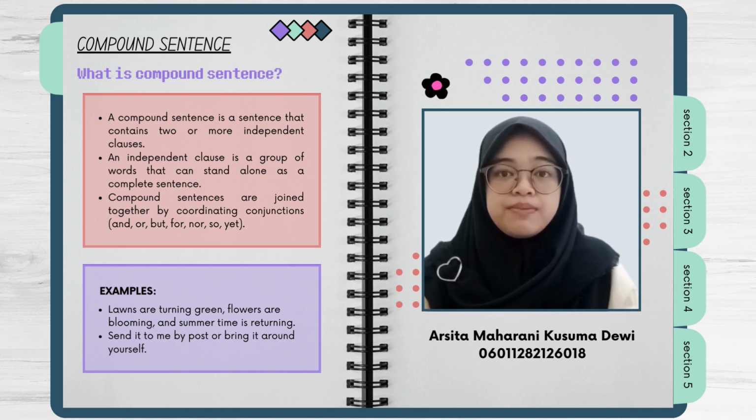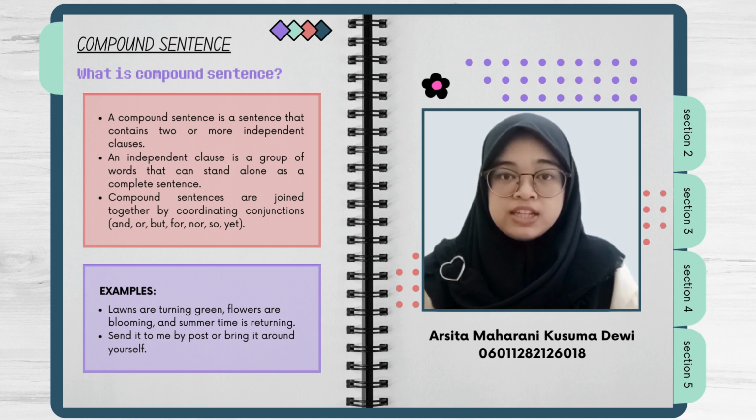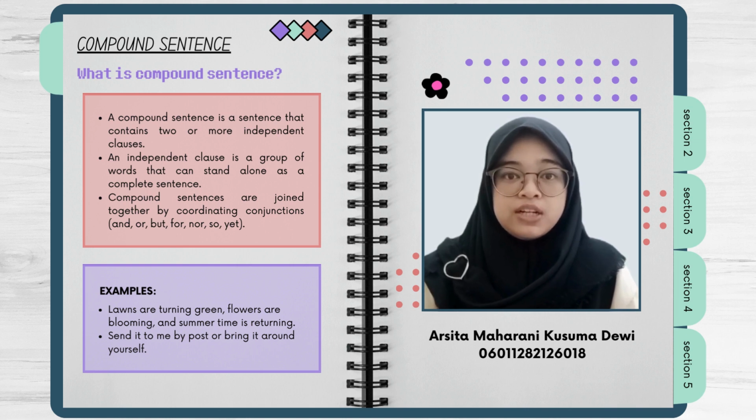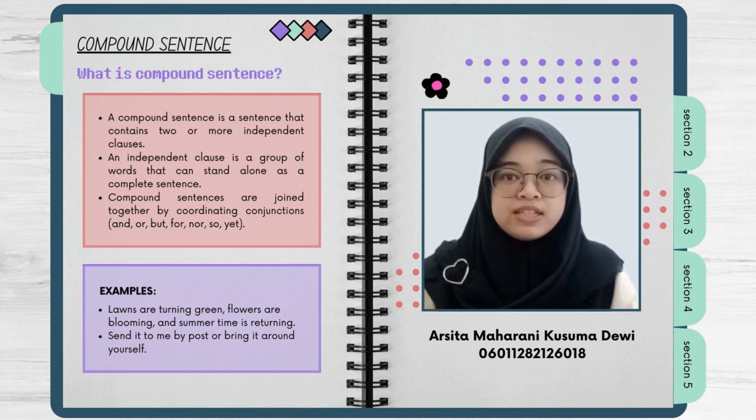Here are examples of compound sentences using coordinating conjunctions. First, lawns are turning green, flowers are blooming, and summertime is returning. In this sentence, and is used 3 times to connect the independent clauses about lawns, flowers, and summer.